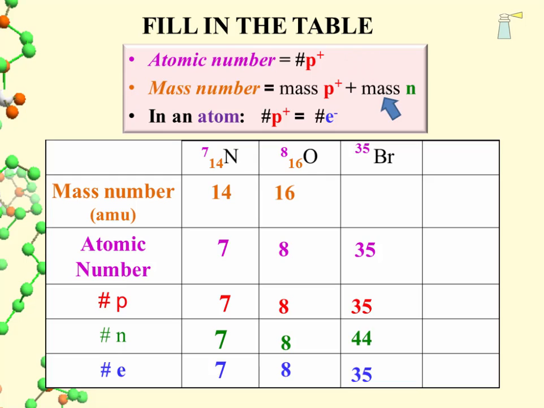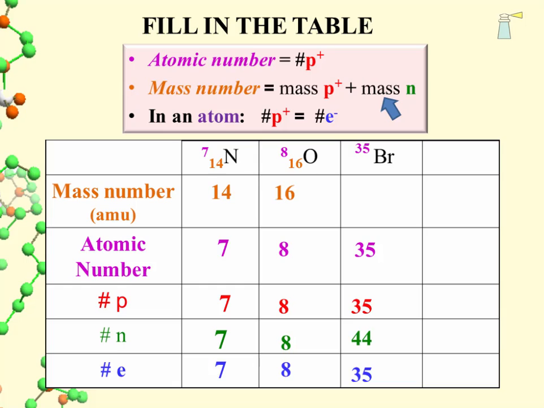What's left is the mass number. The definition says to add the mass of the protons and neutrons. The nice thing about using the AMU, atomic mass unit, is that 1 AMU is pretty much the same thing as 1 proton or 1 neutron.